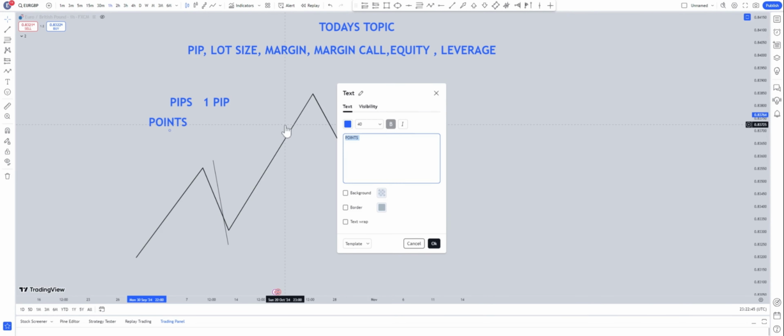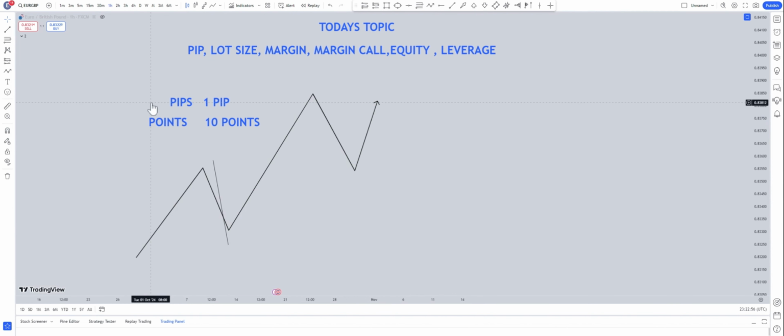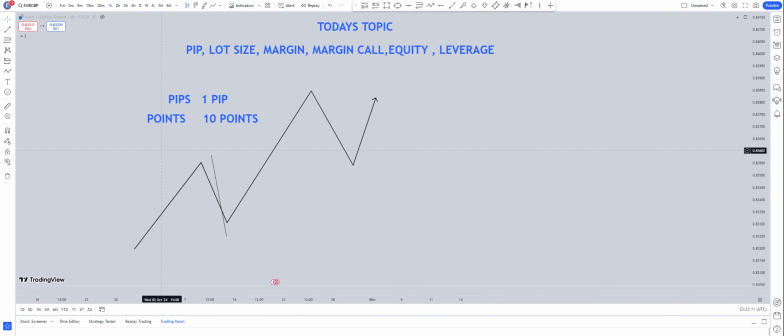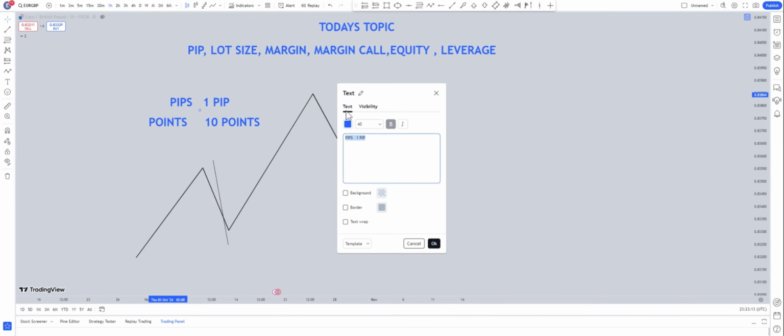We can indicate it here: we need 10 points. Example, if you want to get 10 pips, that means you need 100 points.